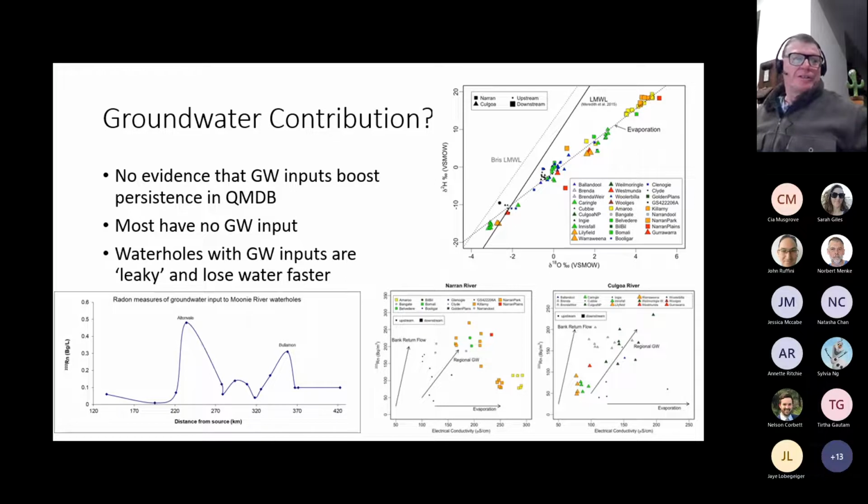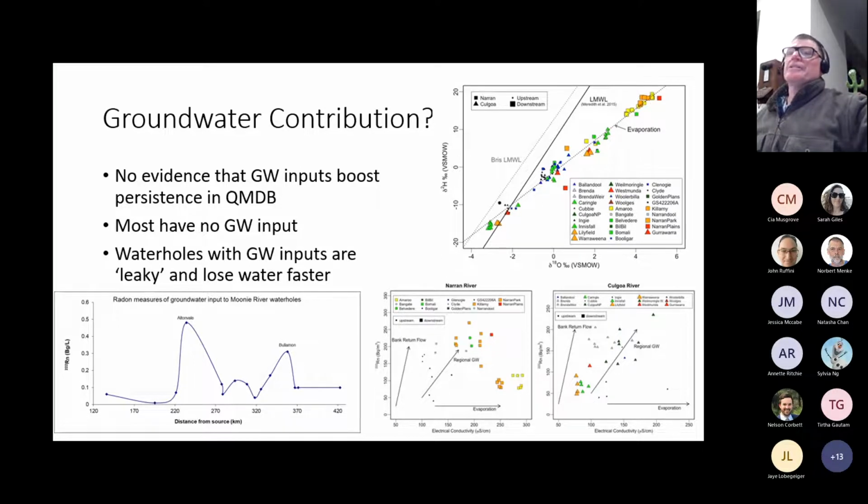We also did some work with researchers based at Griffith University out in the Cooper Creek, even before that. And since then, we've done some work with University of Queensland researchers and others in the Condamine-Balonne system. And throughout all of those systems, there's very little indication of groundwater input into waterholes. They tend to be very much evaporation-driven systems.